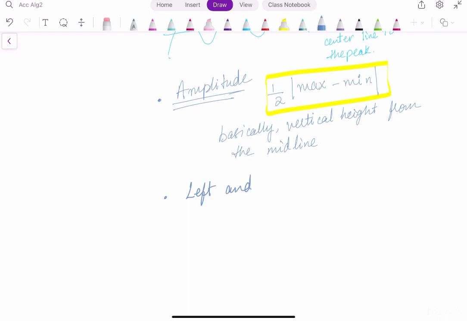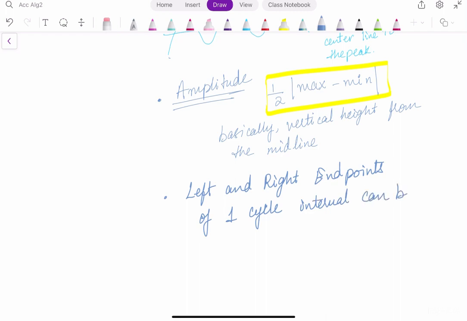Another point, if we have to calculate the left and the right endpoints of one cycle interval, then we can use bx plus or minus c.